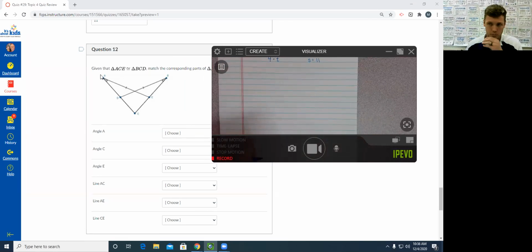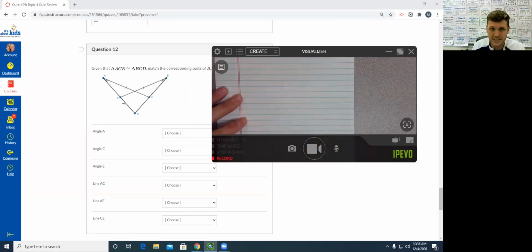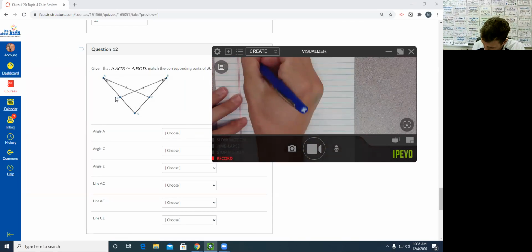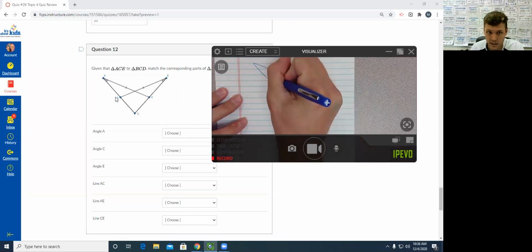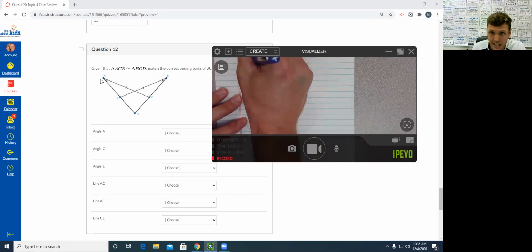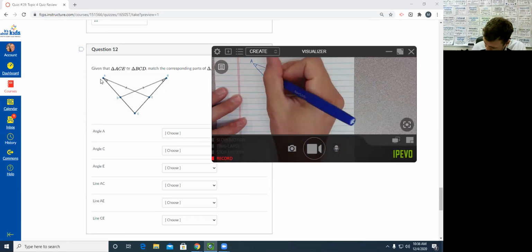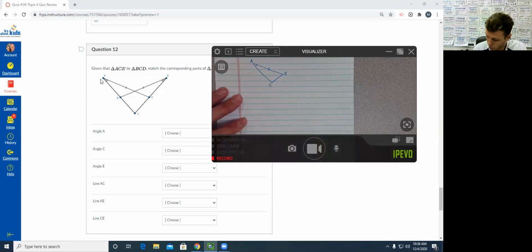If these are congruent, there are also corresponding parts. So I'm going to draw triangle ACE, just like this, and label the tick mark. This is A, this is C, and this is E, and we've got a tick mark here.